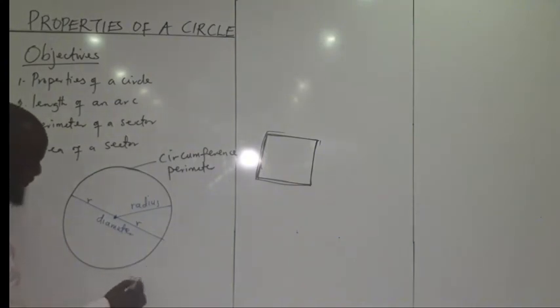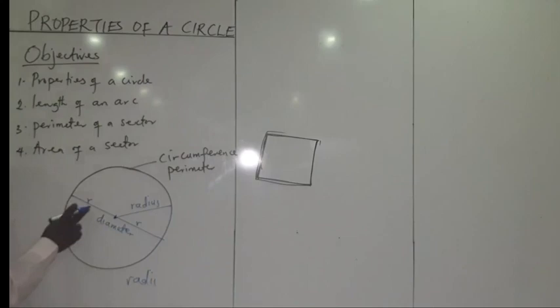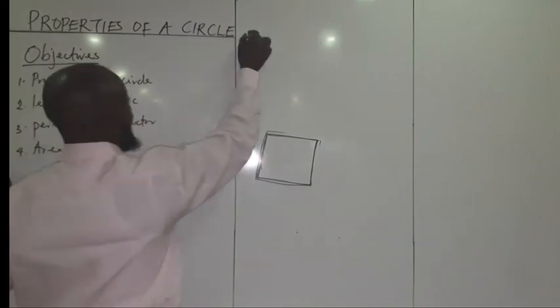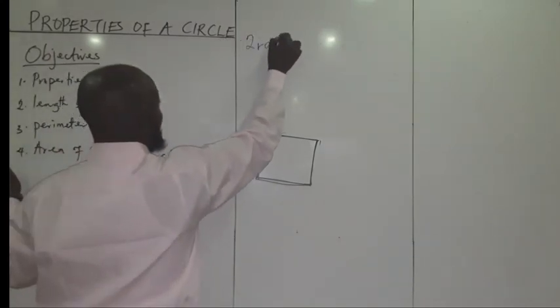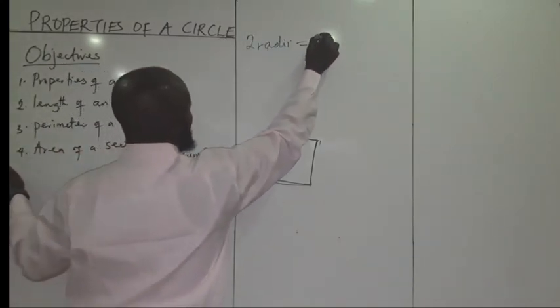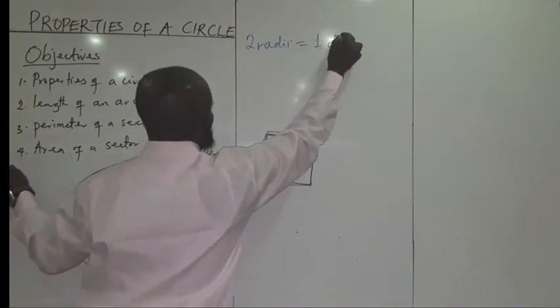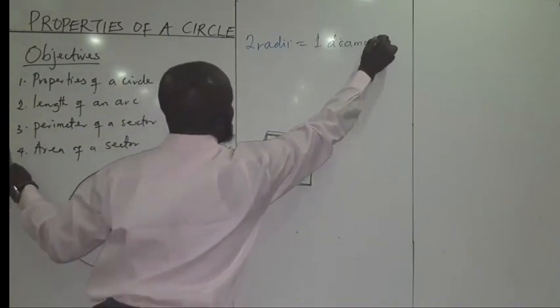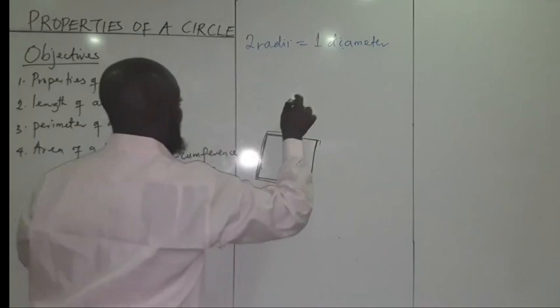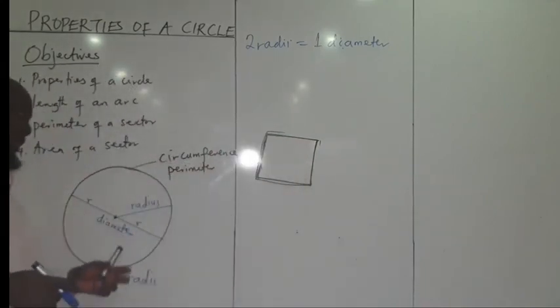Radii. Are you with me? So two radii here give us one diameter. That means we can say that 2 radii is equal to what? 1 diameter.